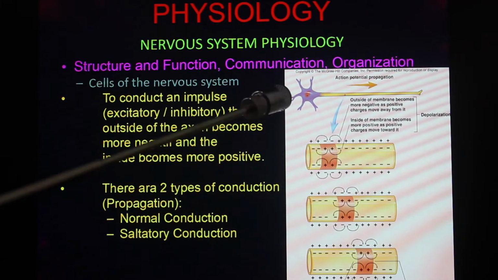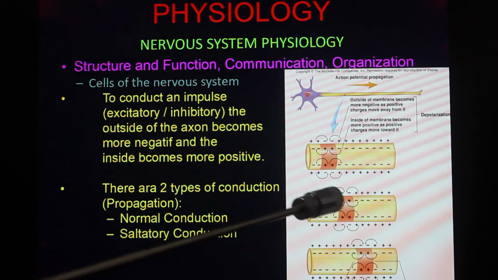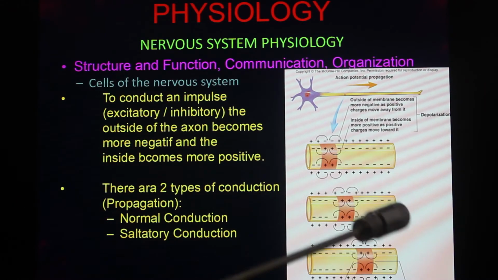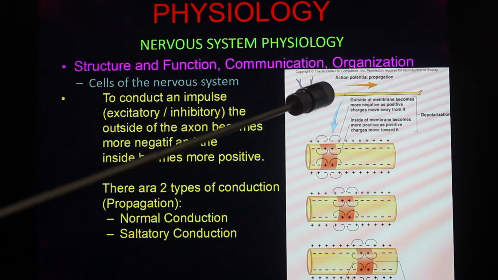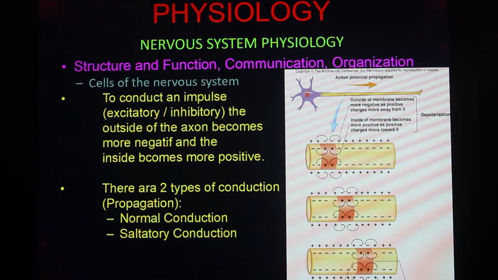And thus, with this exchange of polarity, the signal traverses through the axon in only a single way, from the nerve cell itself to the terminal axon at the end. Now, there are two types of conduction. The conduction is also called propagation. The first one is normal conduction, and the second one is saltatory conduction.